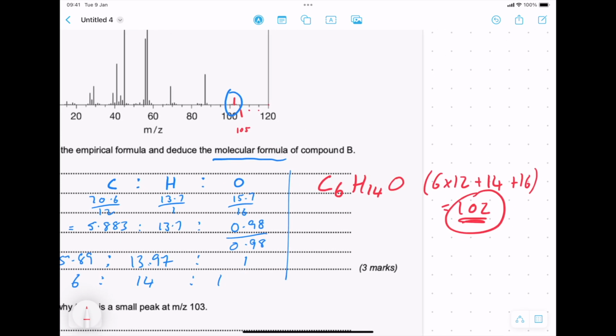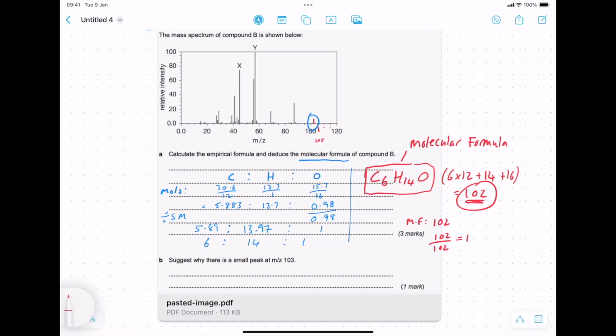So the RFM of the molecular formula is also 102. 102 divided by 102 is obviously just 1. So the conclusion is the empirical formula is the same as the molecular formula.